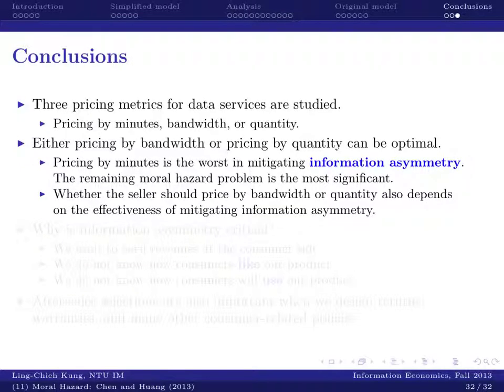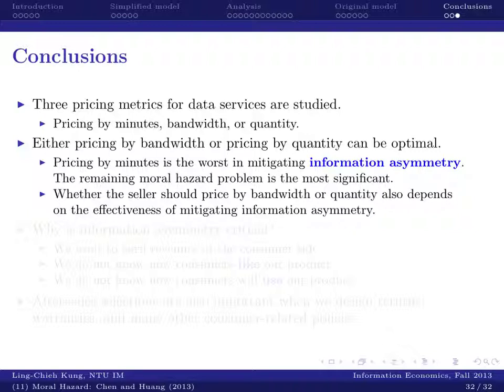Conclusion? We compare the three pricing metrics. We can solve all of them, and in particular, they are pricing by minutes, bandwidth, or quantity. We can show that either pricing by bandwidth or pricing by quantity can be optimal, and pricing by minutes is just the worst, because in mitigating information asymmetry, it is just not so helpful.